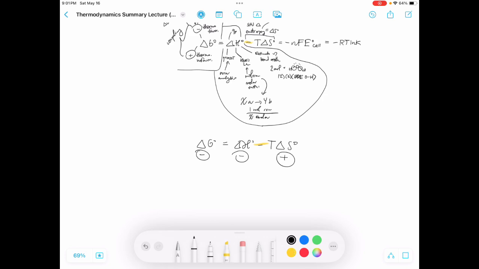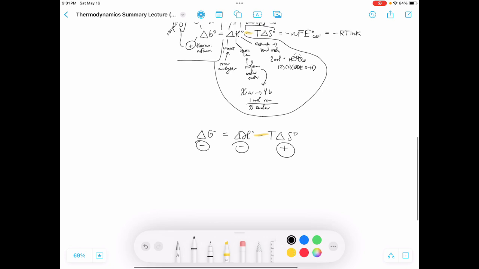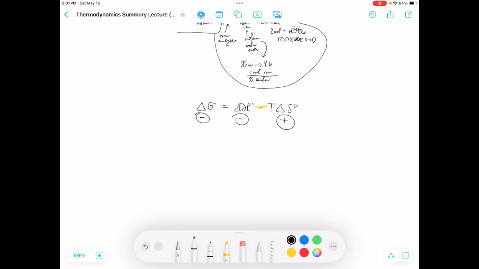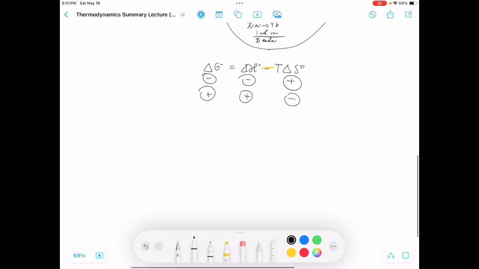So negative minus positive is always going to be negative. And same thing when you flip these signs: a positive minus a negative, that's a positive plus a positive, always going to be positive. Really, it's unsure when you get to the same sign.